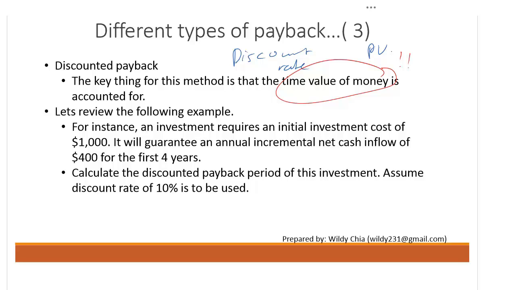It says here that an investment requires an initial investment of 1,000. It guarantees an annual incremental net cash flow of 400 in each of the first 4 years.